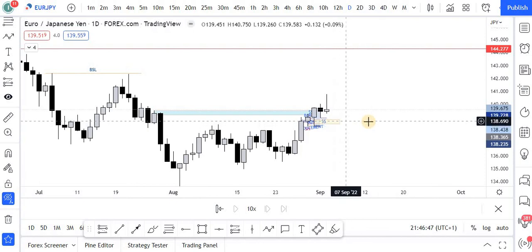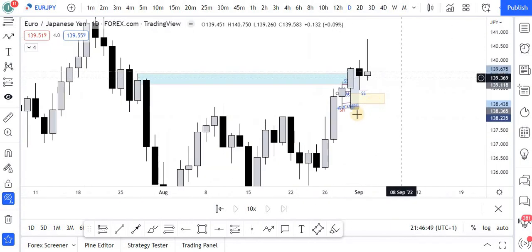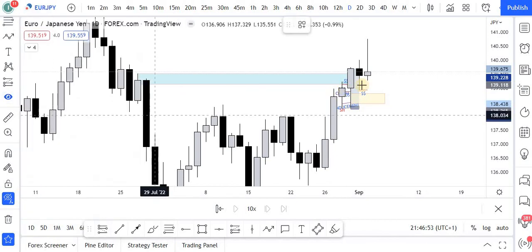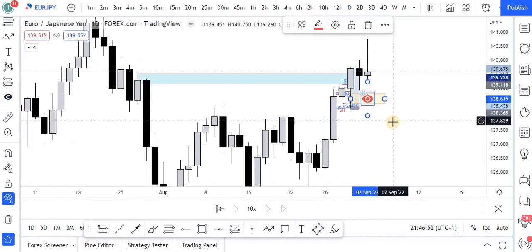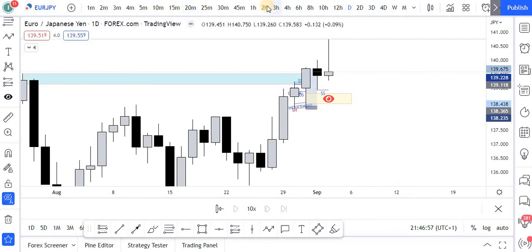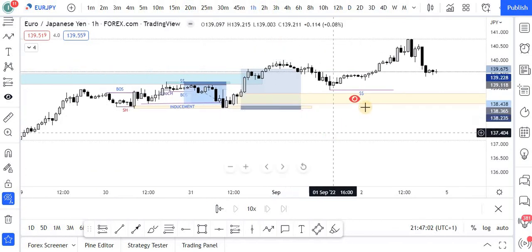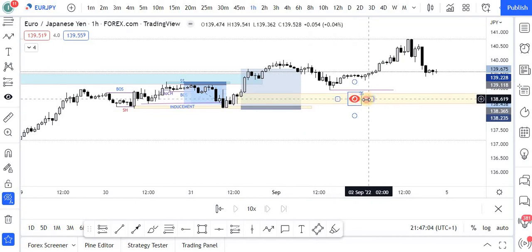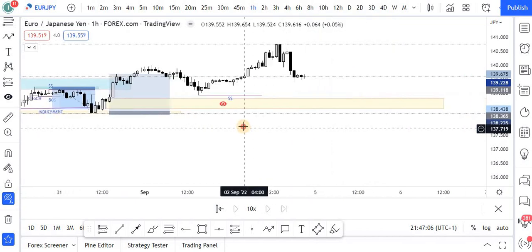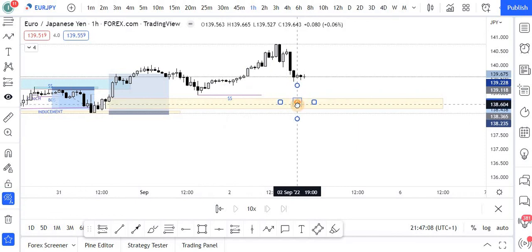So I'm looking at this particular OB. If you go to the 1 hour, you can also see how clean the OB might be.